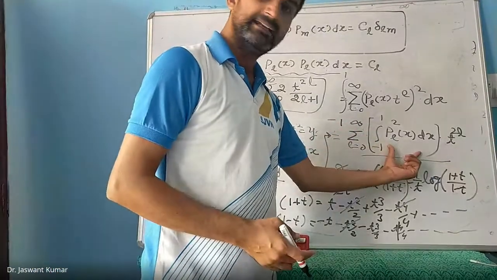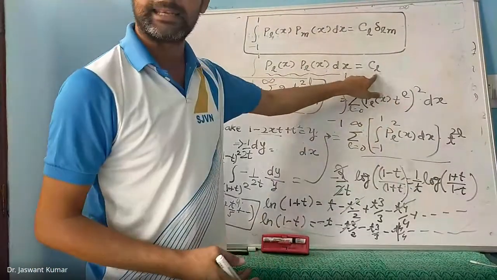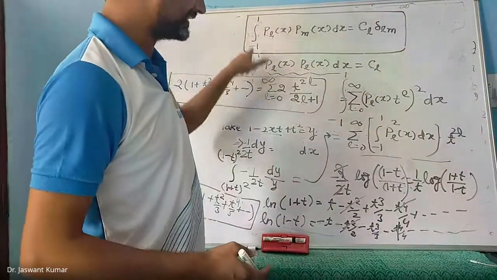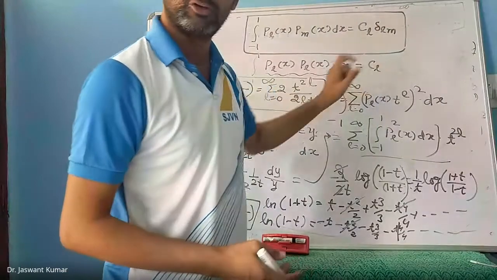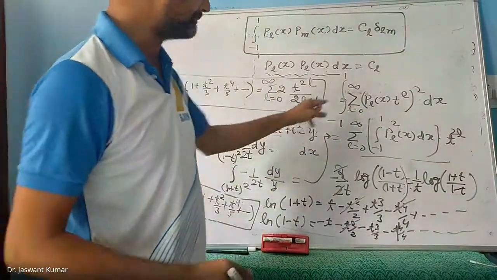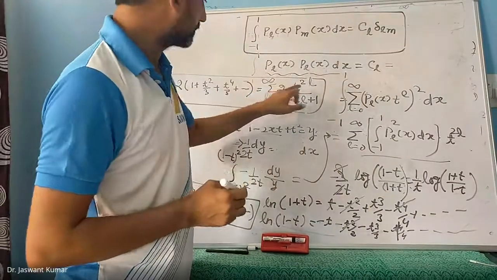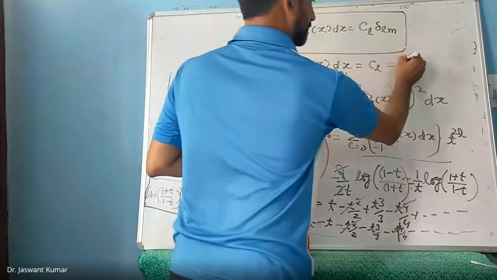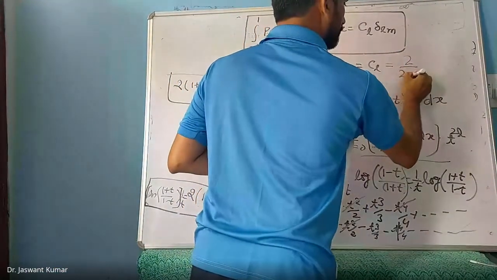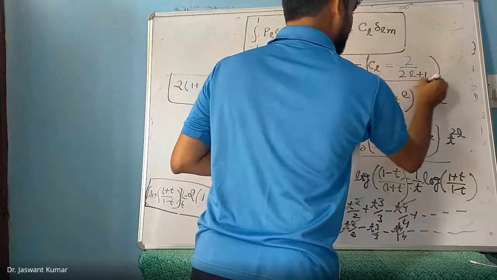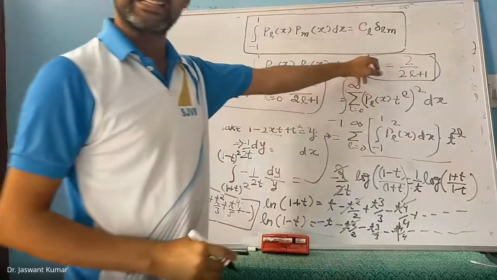This quantity we know was equal to CL. So this implies that CL is nothing but 2 divided by 2L plus 1. Students, this is one of the most important results that you will find.